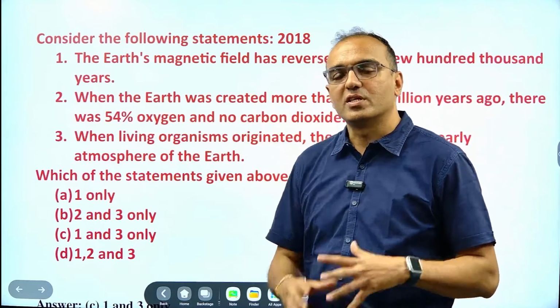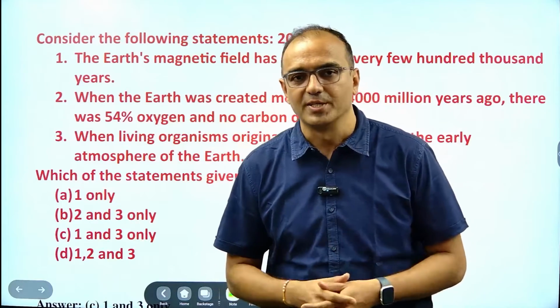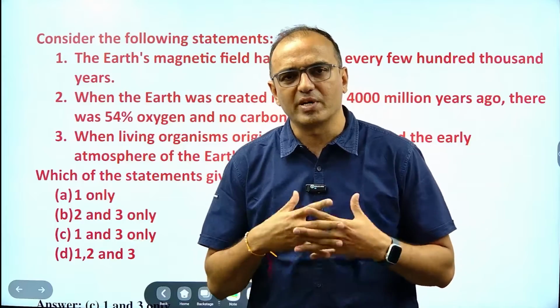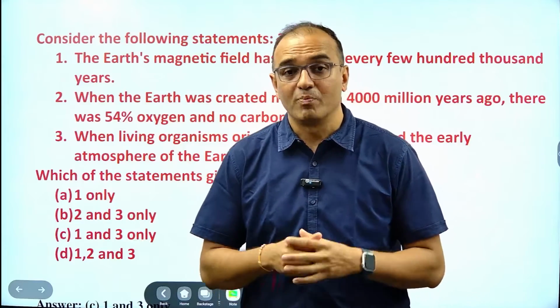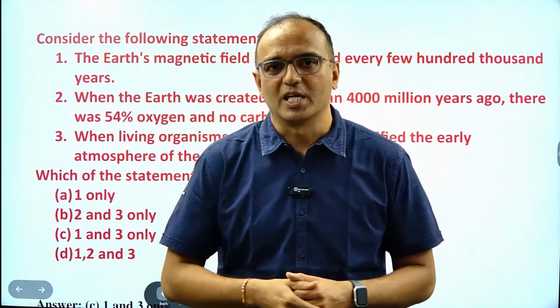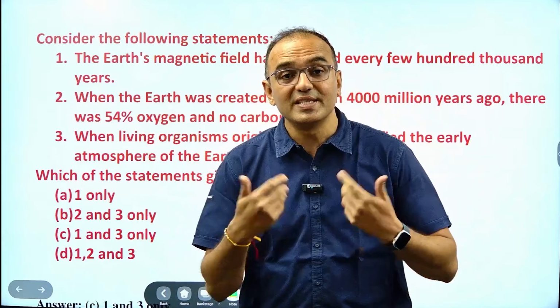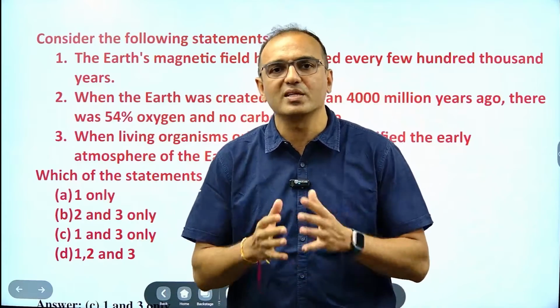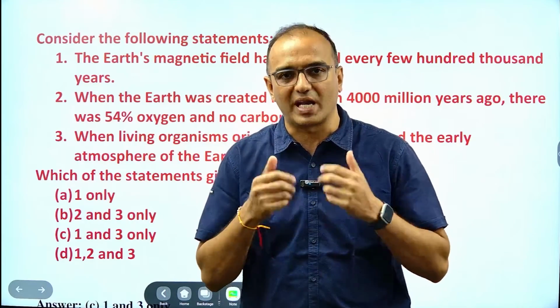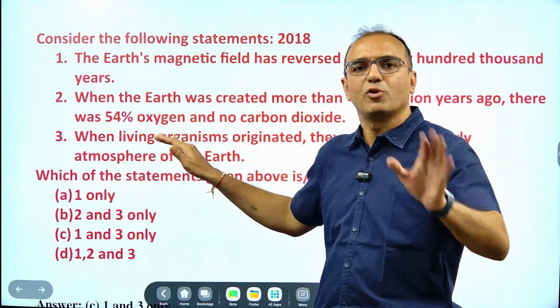We know that when the Earth was created, oxygen would not have been there. Oxygen came very late. Initially, carbon dioxide and other gases were present. But then with the evolution of life underwater, especially the cyanobacteria, slowly and steadily oxygen was released into the atmosphere, which made the atmosphere more conducive for life like us, right? So the second point is absolutely wrong.